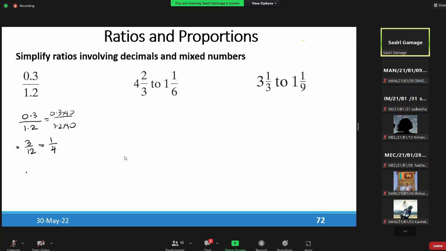Then we can write it as this 1 over 4 is a ratio. It is equal to 1 to 4. All these three forms are the same.